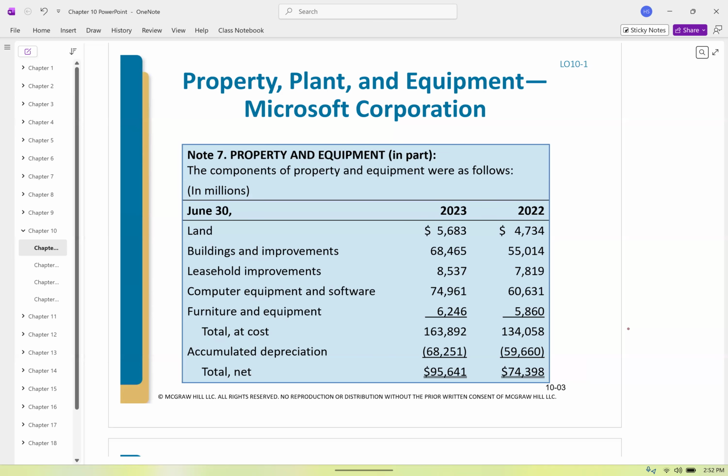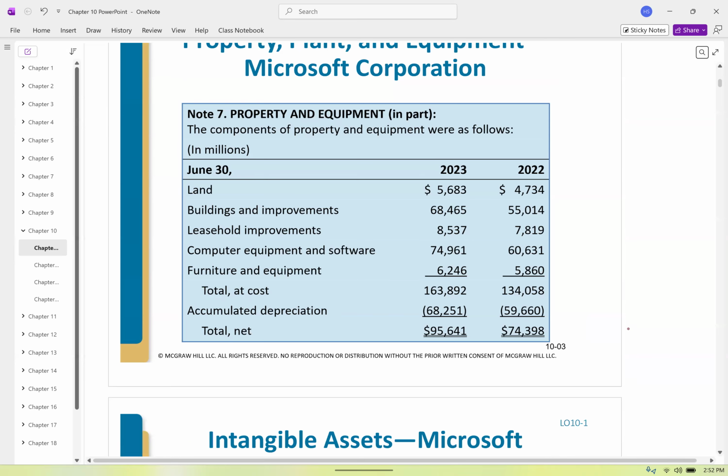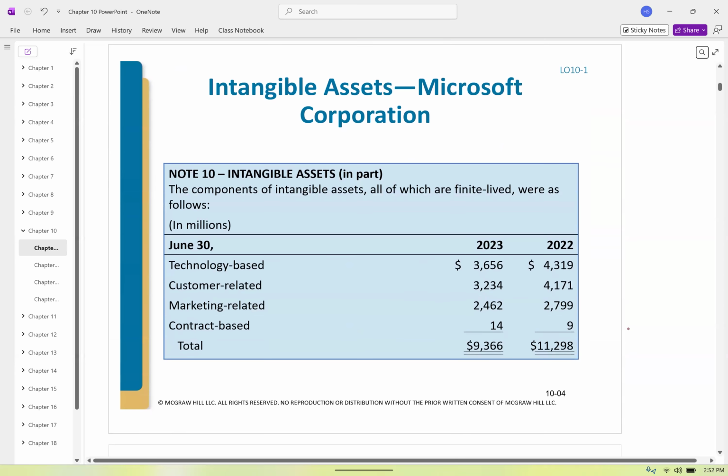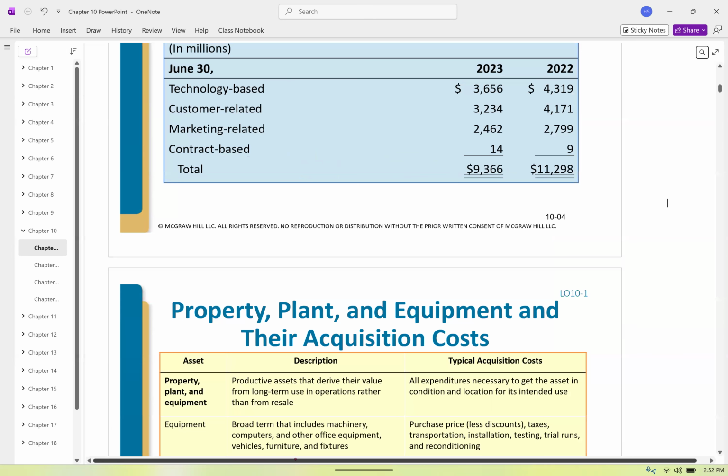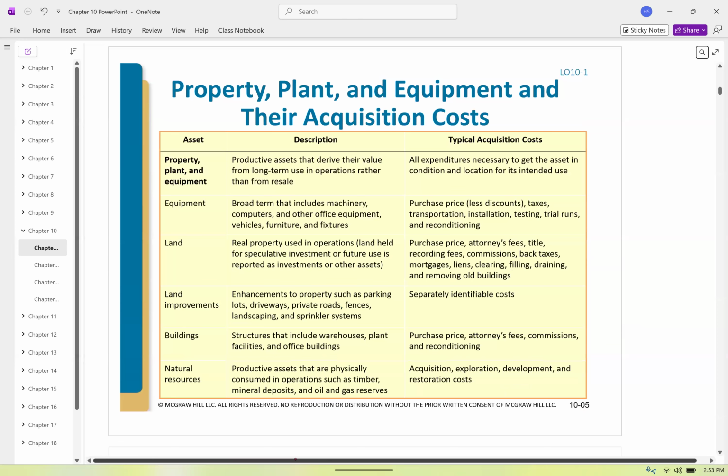It is probably very aggregated and put together. Okay. So then they have the intangible assets. So they have technology based, customer based, marketing related, and contract based. So those are intangibles. They don't show any accumulated amortization for those, but there would be.